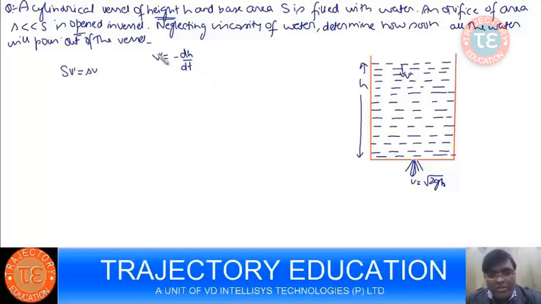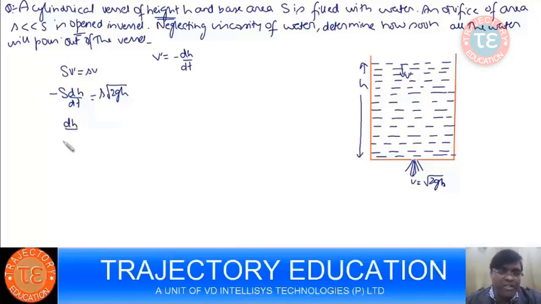In order to make this v dash positive, I must put minus sign over here, right? So I can write minus dh by dt is small s by capital S root 2gh, right?